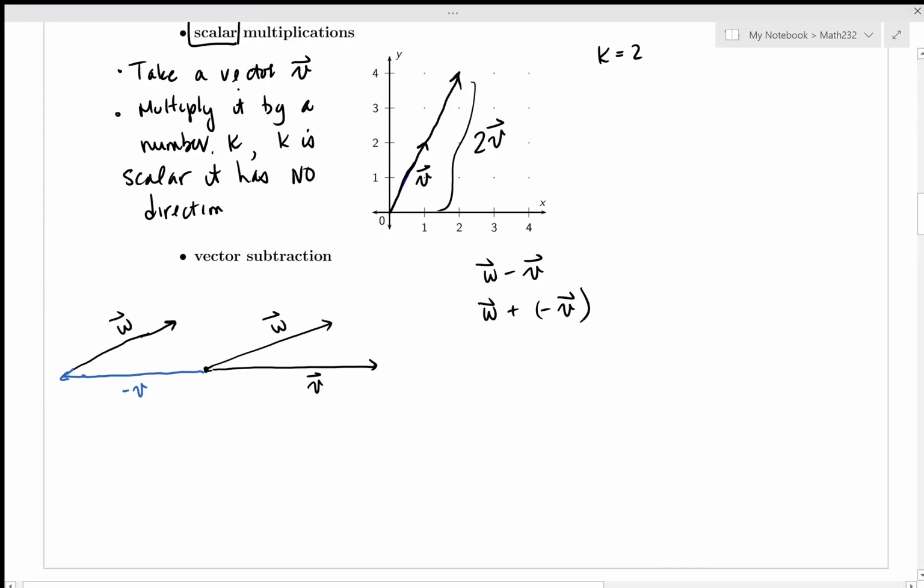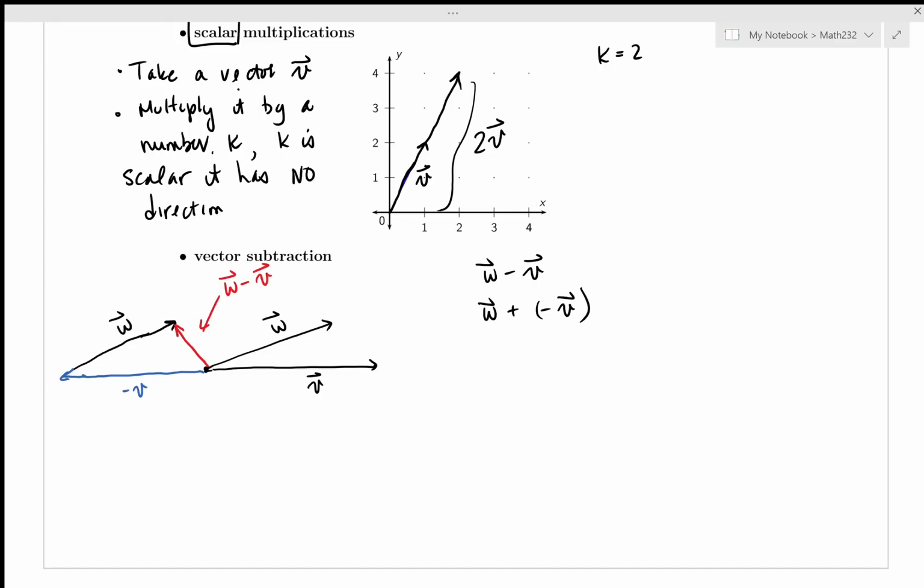That is going to be this guy right here. Okay, so that guy right there is W minus V. Now we've introduced the idea of a scalar and a vector, and we know how to add and subtract vectors, and we know how to multiply a vector by a scalar.